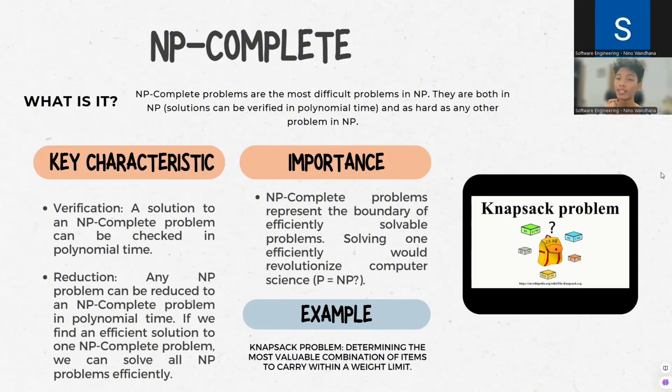These are the hardest problems in NP because solving an NP-complete problem efficiently would mean you could solve every NP problem efficiently as well. For instance, the traveling salesman problem and the knapsack problem are NP-complete problems. They are the final step in solving all NP problems, making them critical to understanding computational complexity.